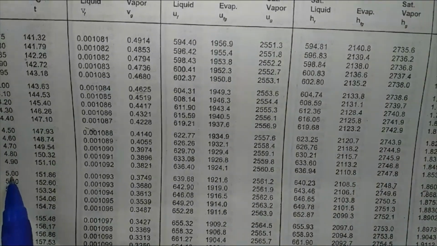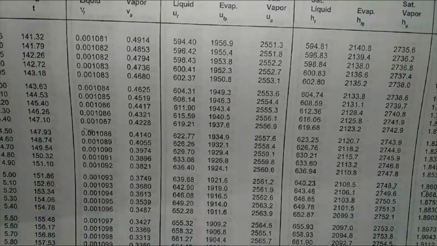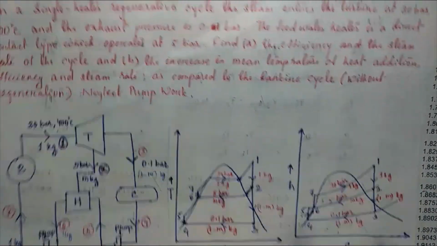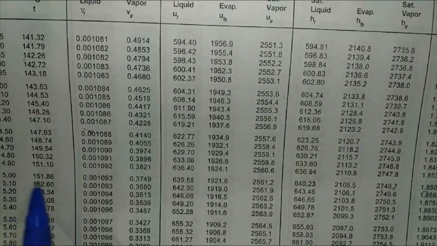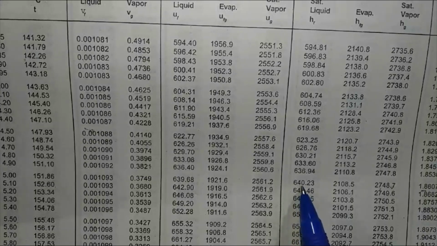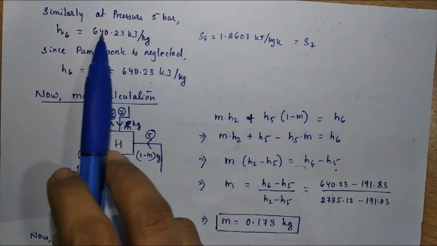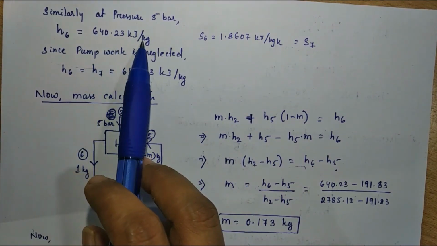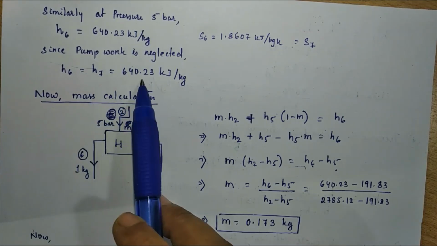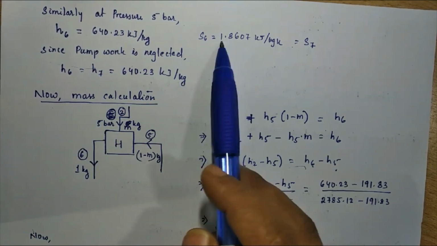For state 6, the state is HF. For HF, what is the value of enthalpy? That is 640.23. So H6 is 640.23 kilojoule per kg. So H6 is equal to H7. So 640.23. Its corresponding entropy is here.